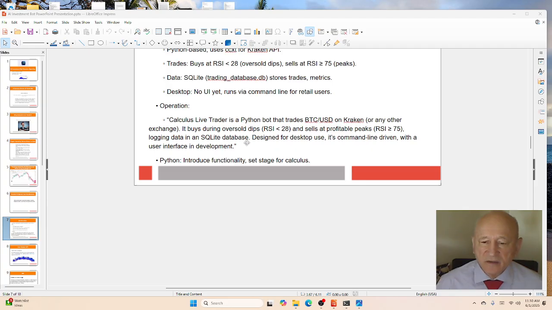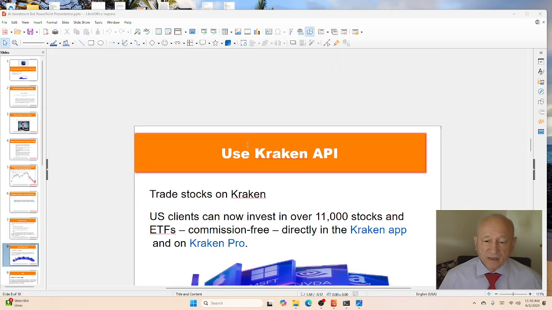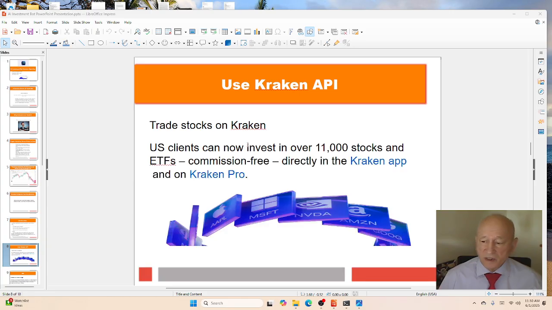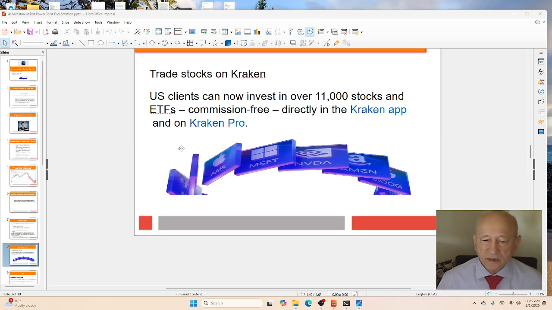It's designed for desktop use. It's command line driven with a user interface in development. We use the Kraken API as mentioned. It allows us to select stocks with a ticker symbol or to use BTC as a volatile instrument that can generate profits at the best low point and the best high point.